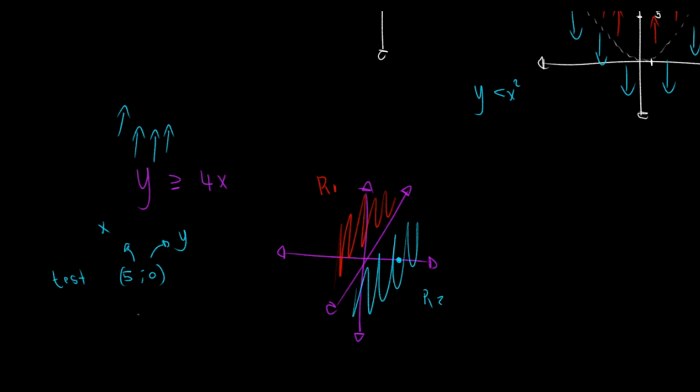Well, in this case, our y is equal to 0, is greater than or equal to 4 times 5. 0 is in fact not equal to 20. So this statement is definitely not true. If the statement is not true, I can then conclude, wow, I am not shading this region.